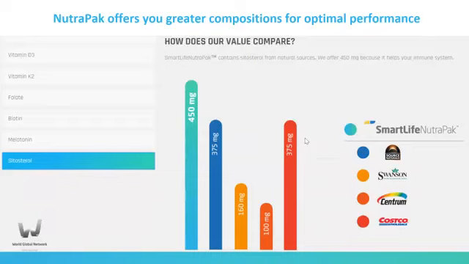So it's very easy. It's even tasteful because it tastes like a green apple. So you don't feel like you're taking some vitamins or some medicines. You feel like you're just having some candy. It's very easy.